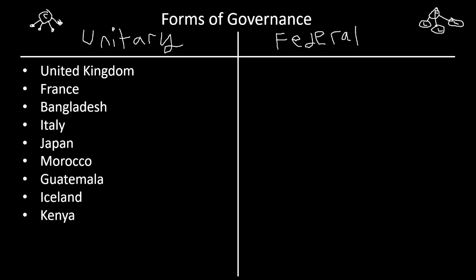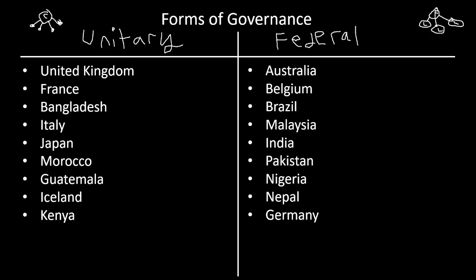So for unitary states: United Kingdom, France, Bangladesh, Italy, Japan, Morocco, Guatemala, Iceland, and Kenya. These are all examples of unitary states. They're going to have that top-down sort of power in that state. Very, very cool. And then our federal states, of course, the United States is one of them, but also Australia, Belgium, Brazil, Malaysia, India, Pakistan, Nigeria, Nepal, and Germany are also federal states.